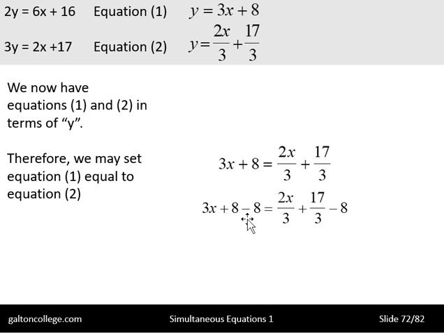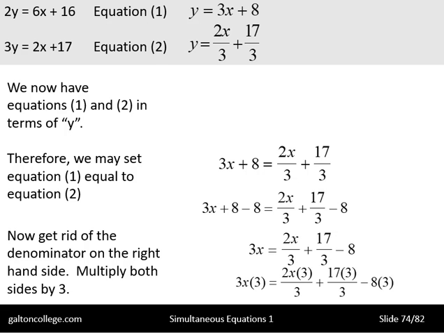And if we take away 8 from here, we have 3x on its own is equal to all of this here, which doesn't look very easy or very nice. If we multiply this by 3, we will have to multiply the 2x over 3 by 3, the 17 over 3 by 3, and the minus 8 by 3.